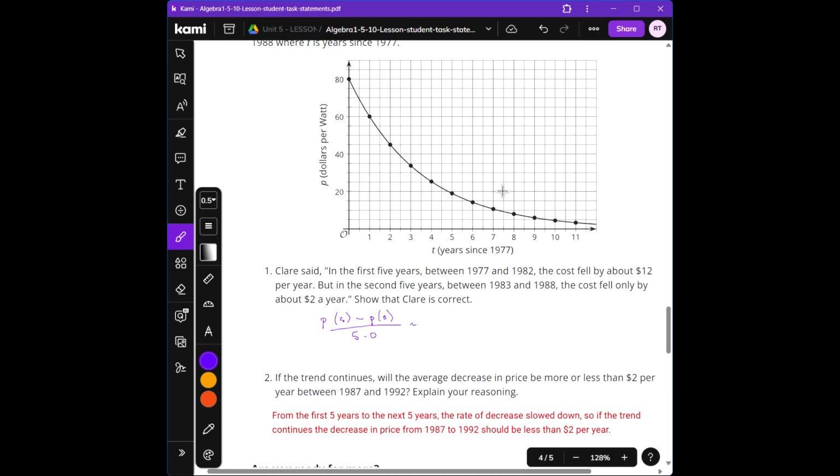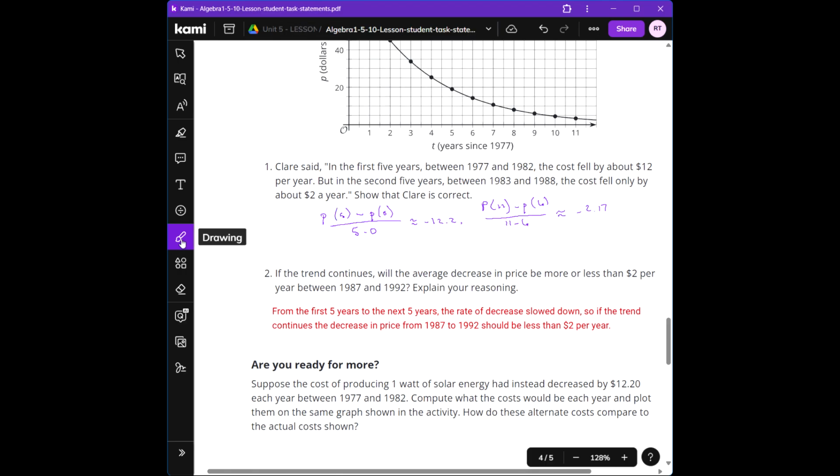Okay, this is approximately negative 12.2. Then we have P of 11 minus P of 6 divided by 11 minus 6 is approximately equal to negative 2.17. Okay, so we can see that she is correct.